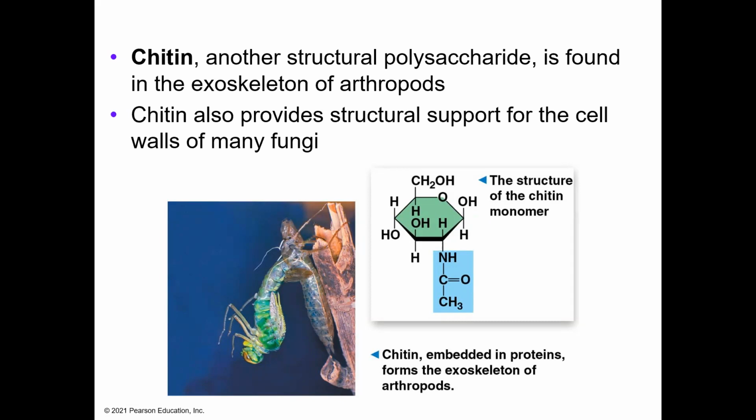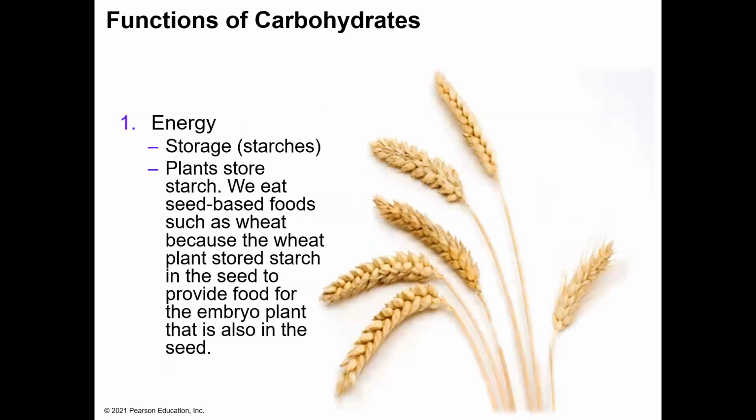And so this is showing you the image here, an exoskeleton of some sort of insect here. I don't think it's a cicada, but it's very similar, but I don't think it is. Anyway, chitin is a structural polysaccharide that is seen in animals.